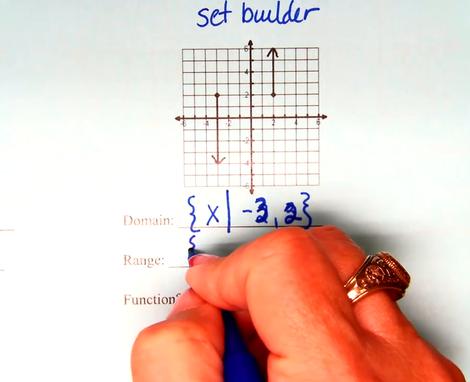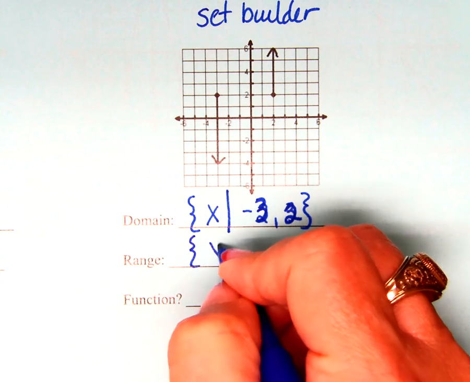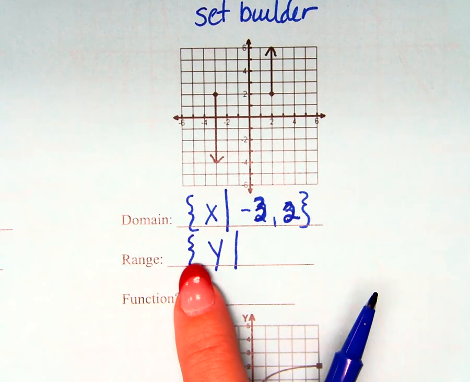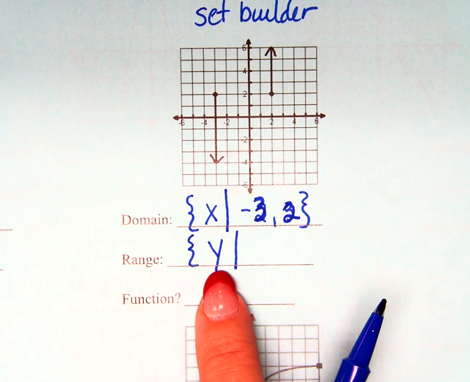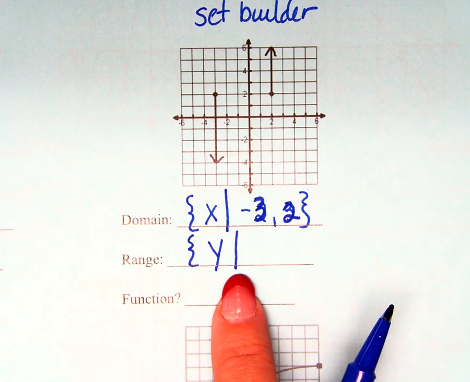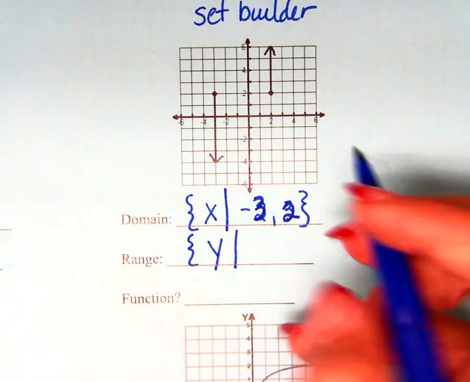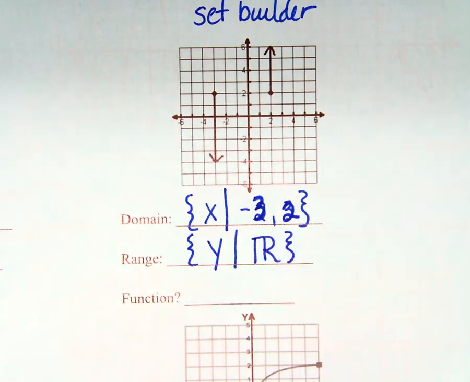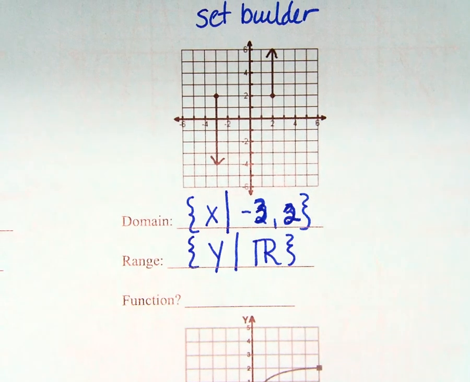Set builder notation is very, very similar to inequality notation. It just has this fancy brace, and we're saying y, the horse, right? And then we're saying y such that it's all real numbers. Because that's what it would be if it was inequality notation, right? We'd just write all real numbers.